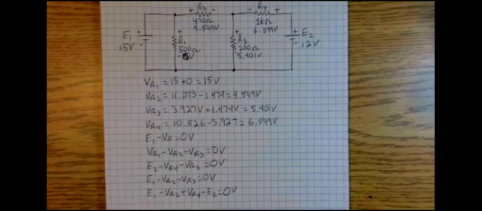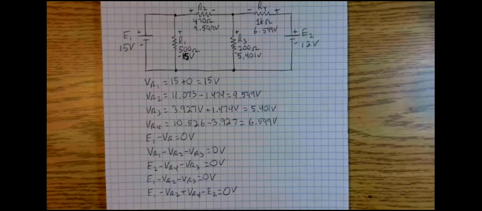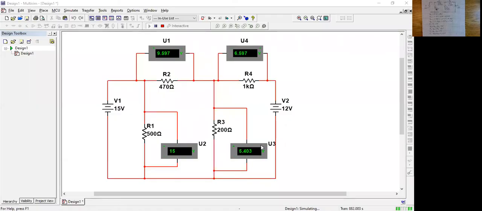And if we want to see proof that this circuit does work, we have it right here. Okay, so we have our values, 9.597.